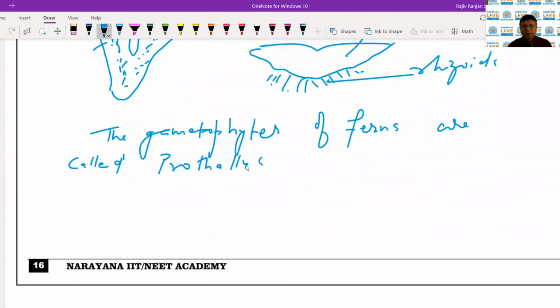So prothallus have some resemblance with the thallus of the liverworts. So they are heart-shaped structure like this.